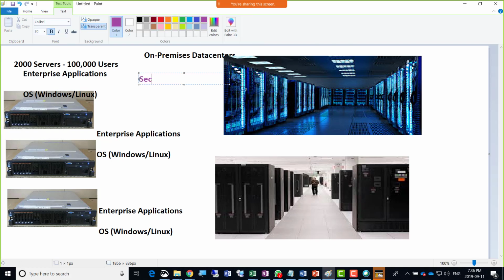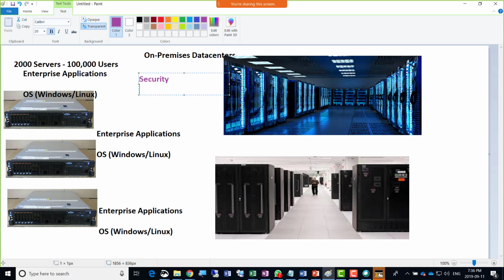So there's security of the data center. You would put cameras there and outside gates. You would put a lot of stuff there in terms of IPS, IDS, intrusion prevention system, intrusion detection system.